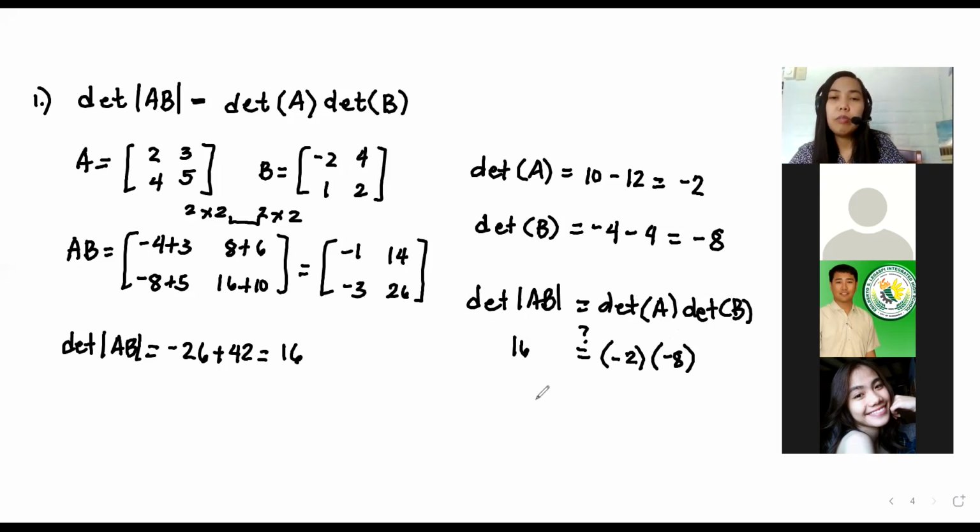Negative 2 times negative 8 is equal to positive 16. Okay? So that is true. Clear? Yes, ma'am. Yes po. Okay, next.